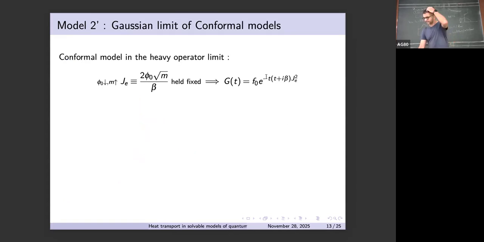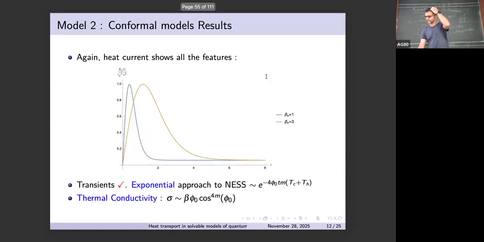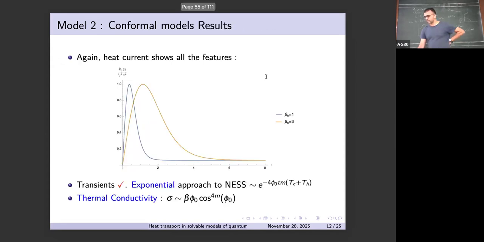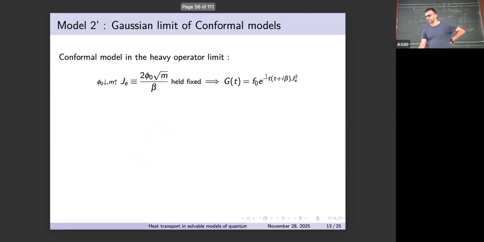So just one small version of this model, which is also doable, is that if you take m large, now operator dimension to be large, scaling the other parameter phi naught in such a way that this parameter is fixed, this 2-point function, which was this cos phi naught, becomes a Gaussian.